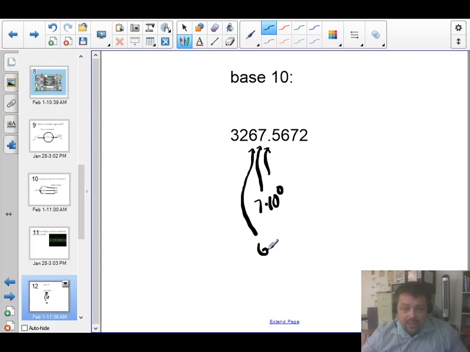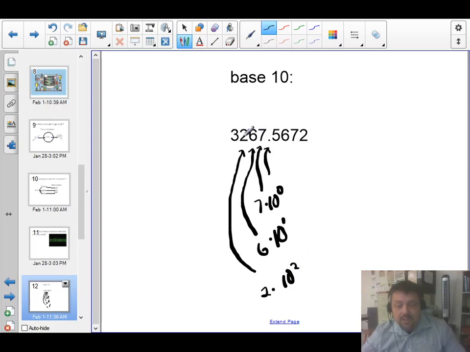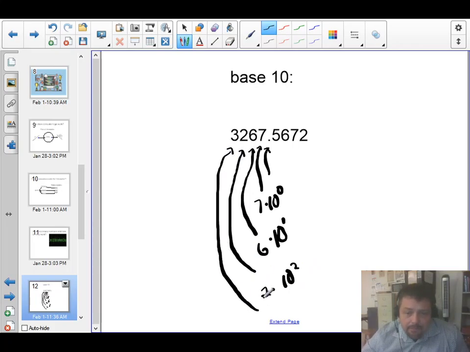So this 6 isn't just 6, it's 6 times 10 to the first power, or 60. And this 2 isn't just 2, it's 2 times 10 squared. So 0, 1, 2 powers of 10 here, which is 200. And then this 3 isn't just 3, it's really 3 times 10 to the third power, or 3,000.